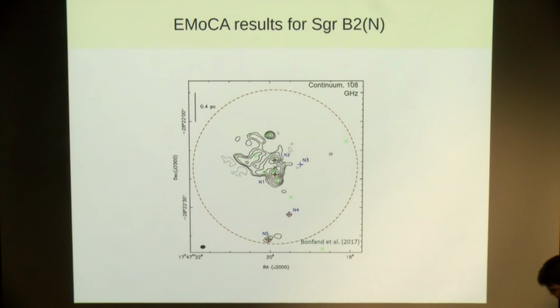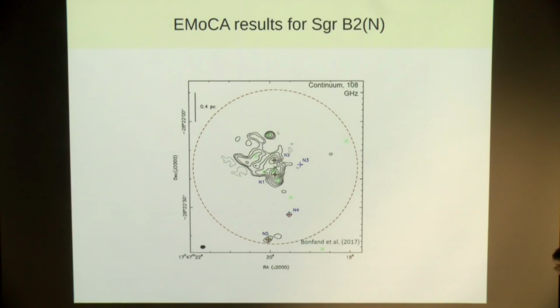So let's take a look at this Sagittarius B2N source. Well, firstly, just looking at the structure of it. Historically, with lower resolution observations, you would see just a blob for this north core. We can actually resolve not just the 2 cores that we thought were there based on the line profiles, but 3 new hot cores, N3, N4, N5.